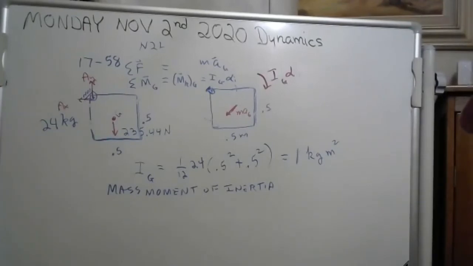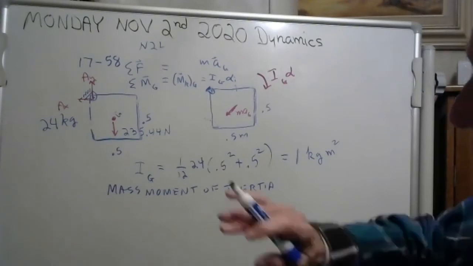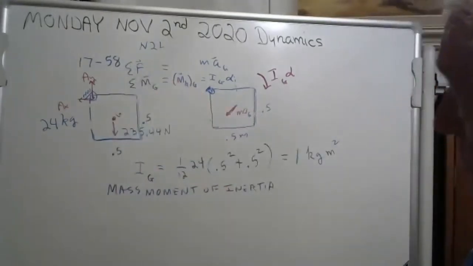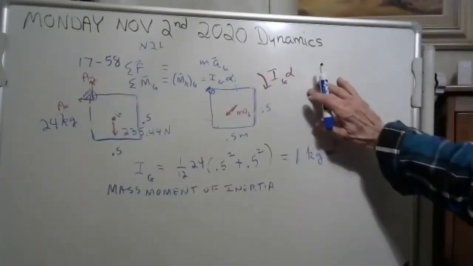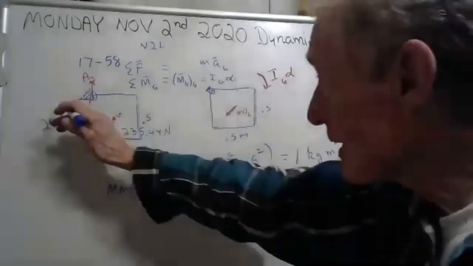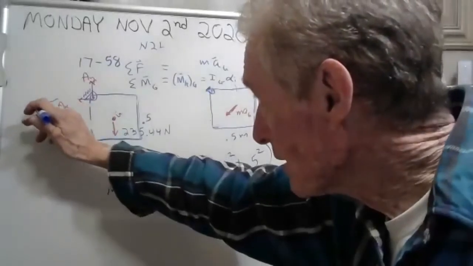Okay. Well, good. Let's write our equations now. Why don't we write this one? This is your Newton's second law for translation. Do I have room over here? I think so. Now I decided that the x-axis is going this way.